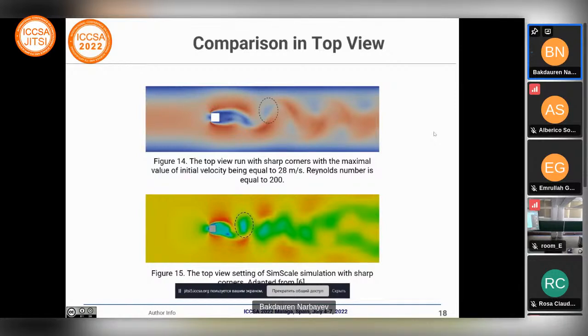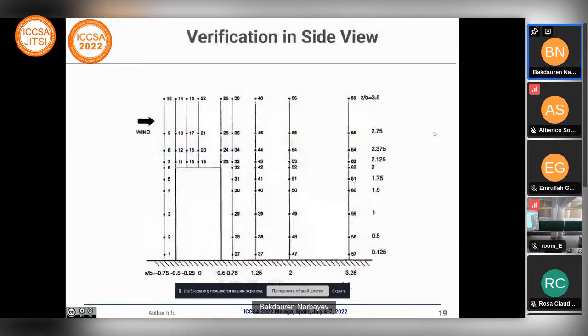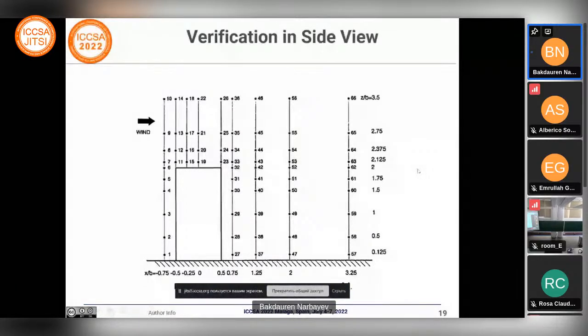But another approach was to verify our model by comparing it to the laboratory experimental result numerically. We used the experiment results as a reference model and compared it for particular values on a vertical line connecting points from 61 to 66. So this is the experimental setup, and at these points, velocities were recorded.